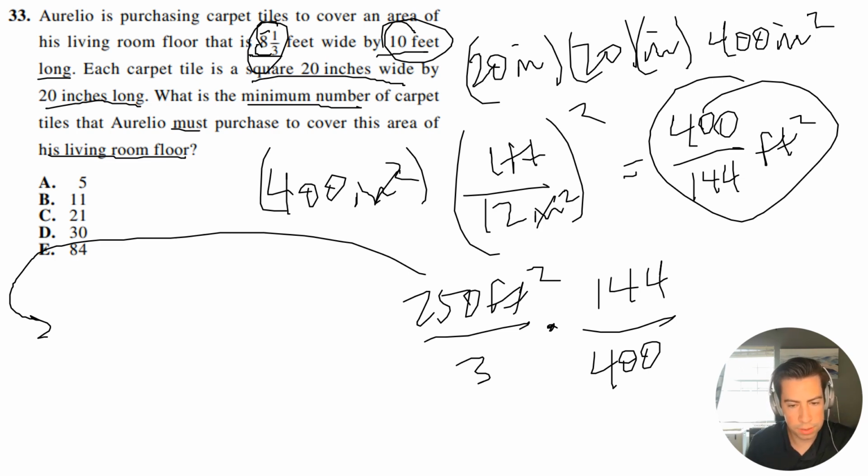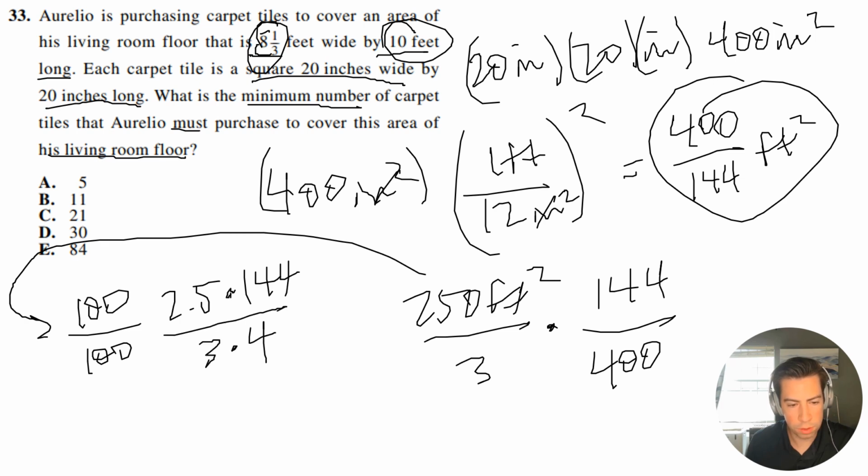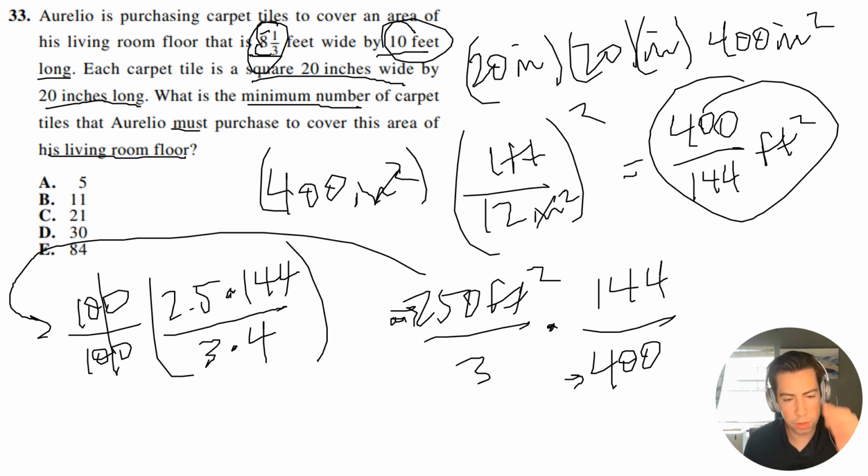So I'm going to get 2.5 times 144, divided by 3 times 4. Hopefully you see what I did there. I just factored out a 100 of the 250 here and the 400. So now I'm going to have 3 times 4 on the bottom and 2.5 times 144.